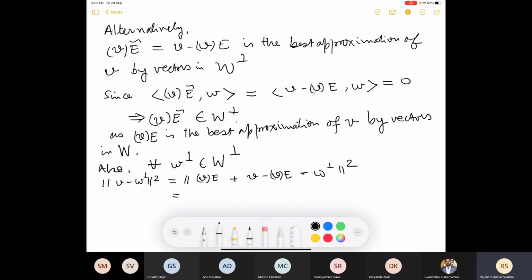If you take VE as one vector and the other as another vector, this is the norm of VE squared plus the square of the norm of V minus VE minus w.